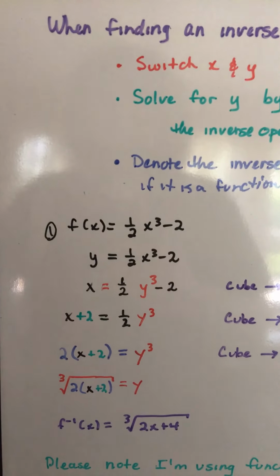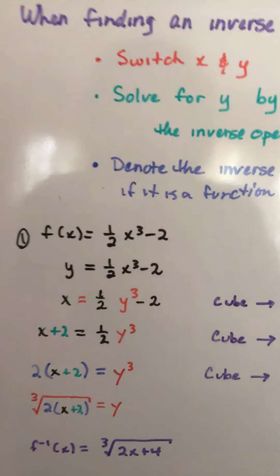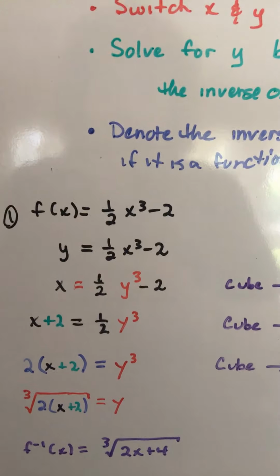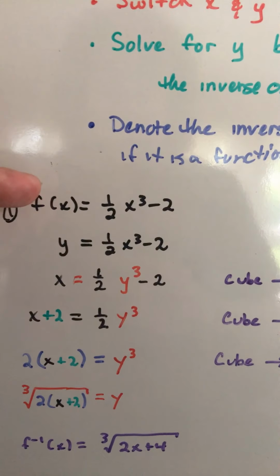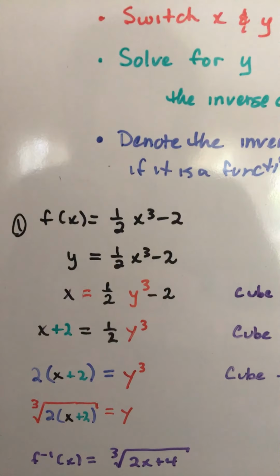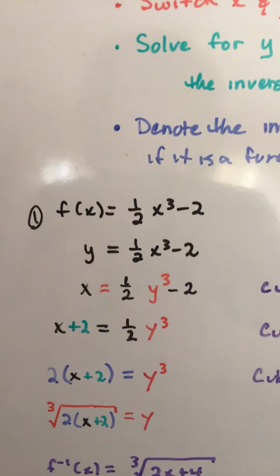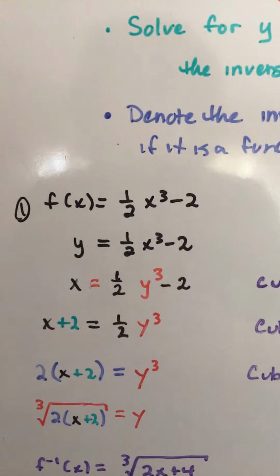Now my first one. Here is the original, so what am I going to do? F of x is really a y, so I just want to make sure you understand that f of x is the function form of the y coordinate. So I interchanged my x and y, and I'm solving for y.